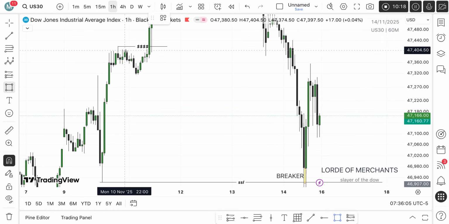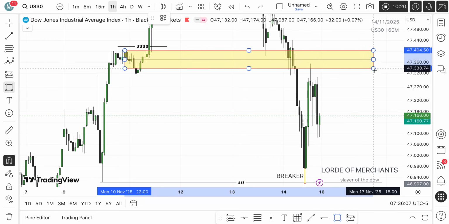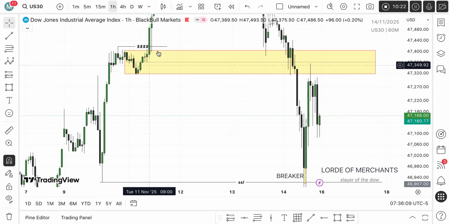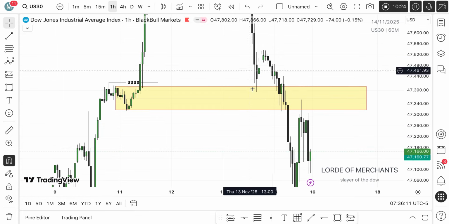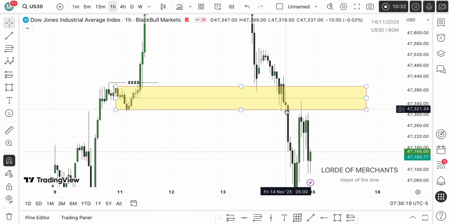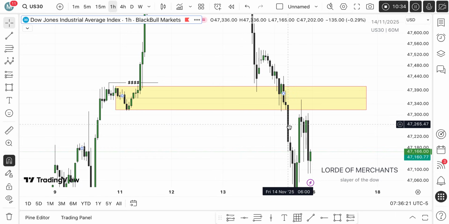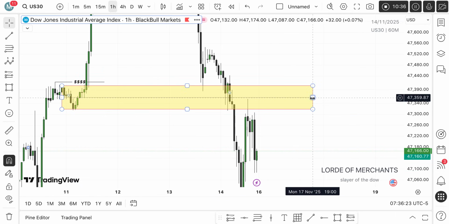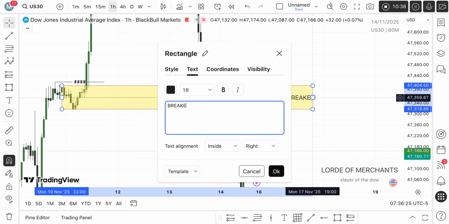If the price comes back here, it was supposed to get pushed higher. You can see the first time the order block got mitigated, it pushed prices higher just a bit. And then once the order block became low probability because it was mitigated, the candle came and actually closed below. You see, once the candle closed below it, it turned into a breaker. And this is a perfect example of a breaker block.